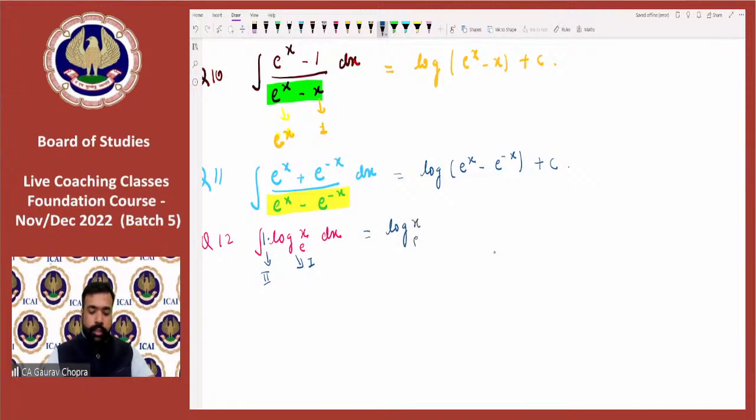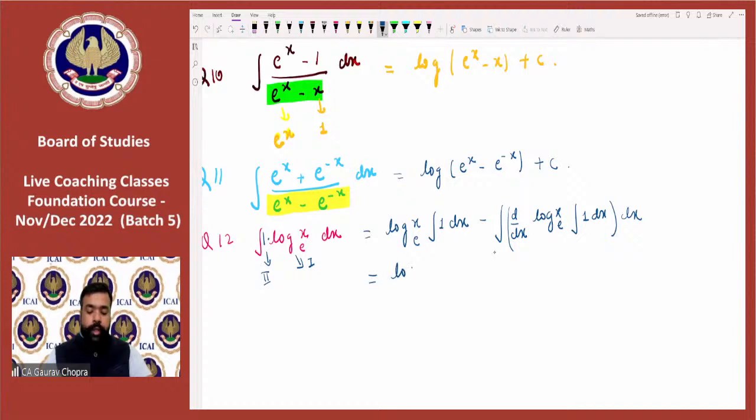Log of x base e times integration of 1 dx, minus integration of d by dx of log x base e times integration of 1 dx, and then whole dx. So whenever we assume log as the first function, we only have to differentiate log. There is no need to integrate log, and we will always integrate the second function.